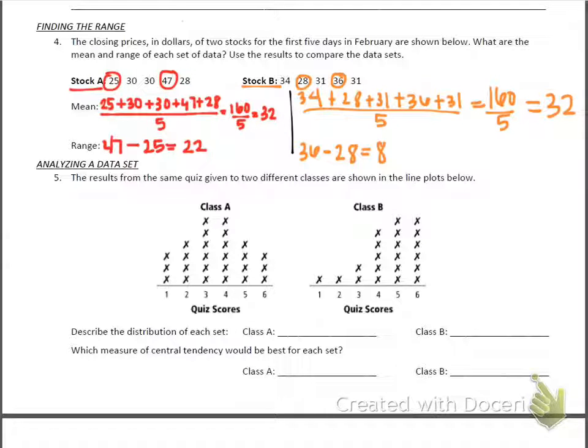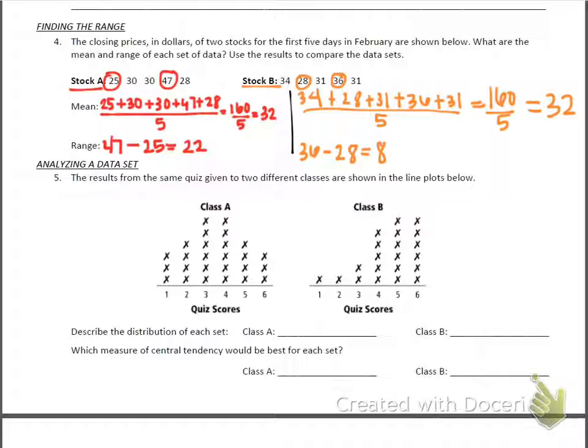So the means are the same? Okay. What does that mean? So if we didn't look at the ranges at all, and we got that the mean was the same, could we really accurately compare these two stocks? No, because the means are the same.